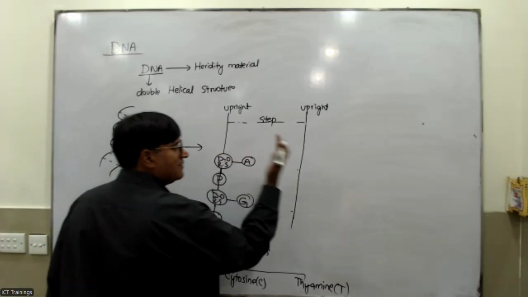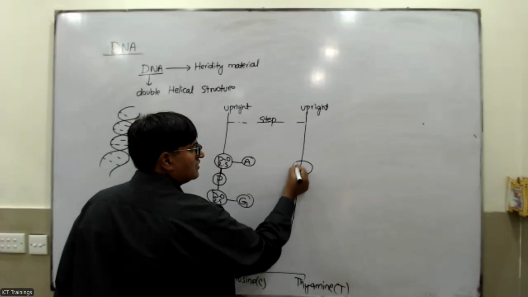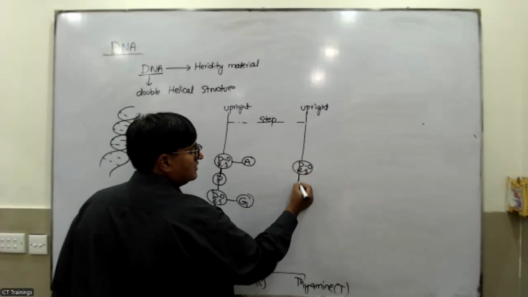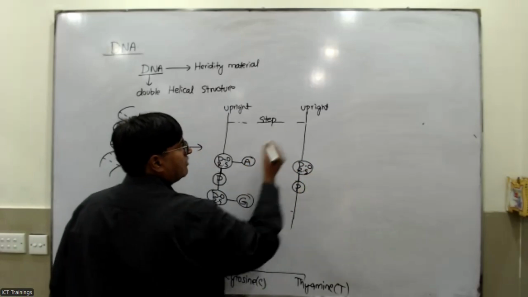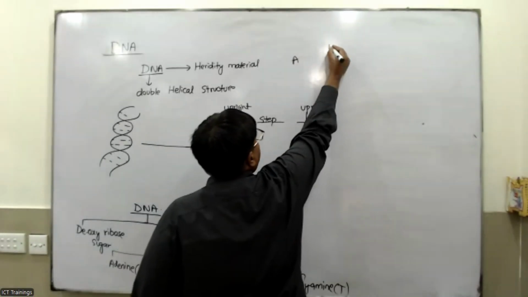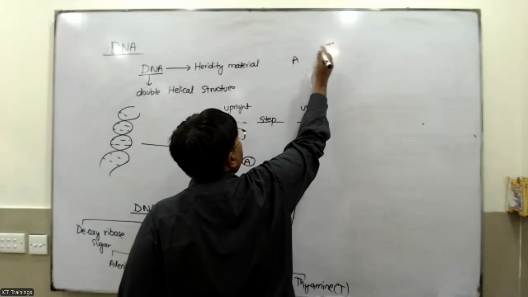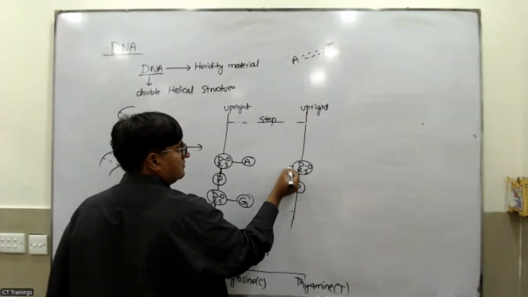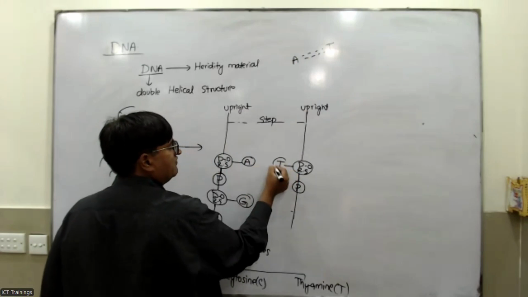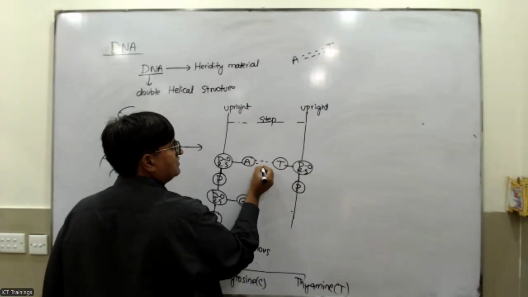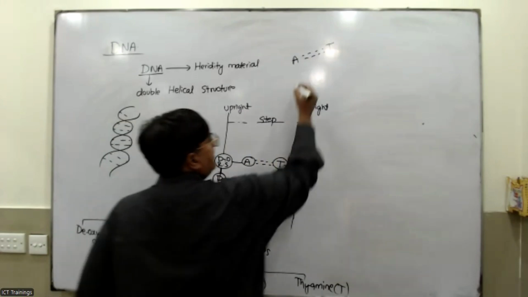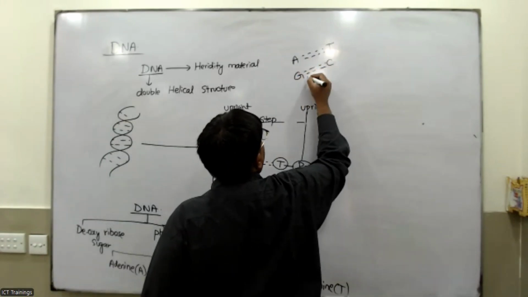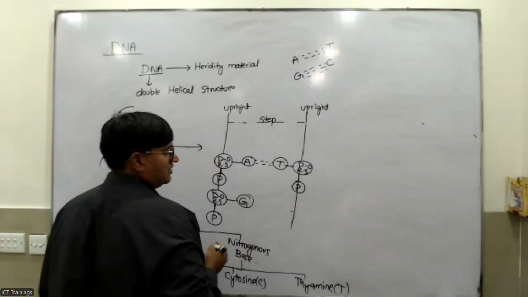Now keep in mind, in front of that you have again deoxyribose sugar with phosphate group, and always remember adenine will always face thymine and they have two hydrogen bonds between them. So A will face thymine with two hydrogen bonds. G and C will face each other and they have three hydrogen bonds between them.